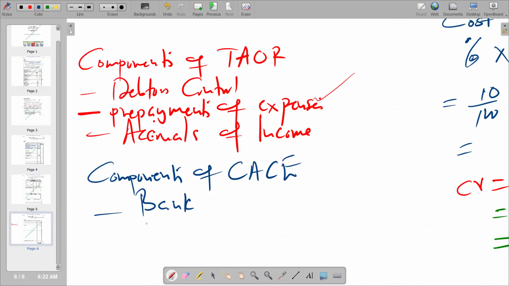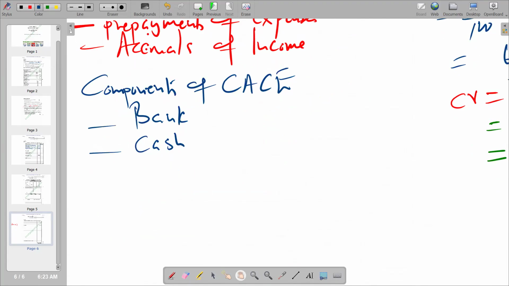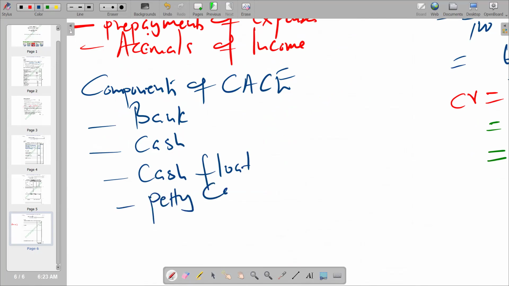If there's cash, it's supposed to be part of that. Talk about cash float, talk about petty cash. These are also supposed to be part of the components of cash and cash equivalents. If we also have short-term deposits, they are also supposed to be part of that. So these are components of cash and cash equivalents.